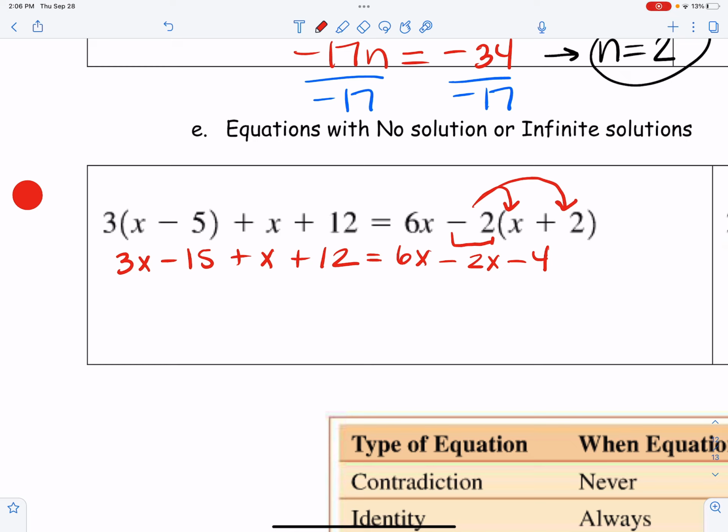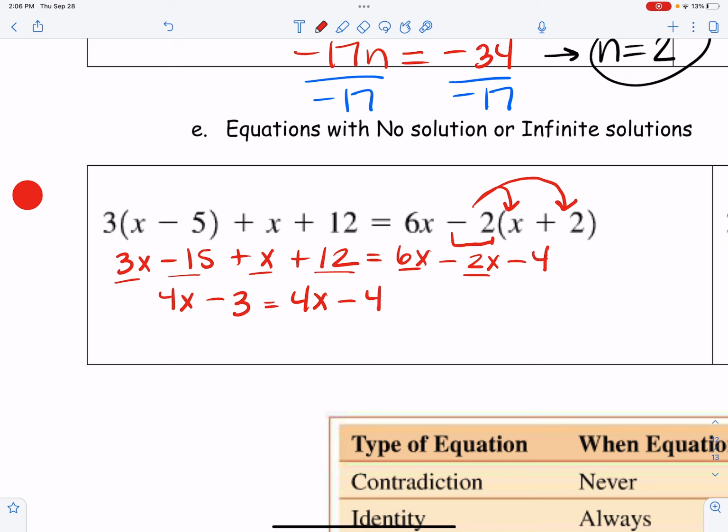I would combine like terms. So 3x plus x, that's a 4x here. Constant terms, negative 15 plus 12 would be minus 3. On the other side, 6x minus 2x is 4x. And I've got a minus 4.